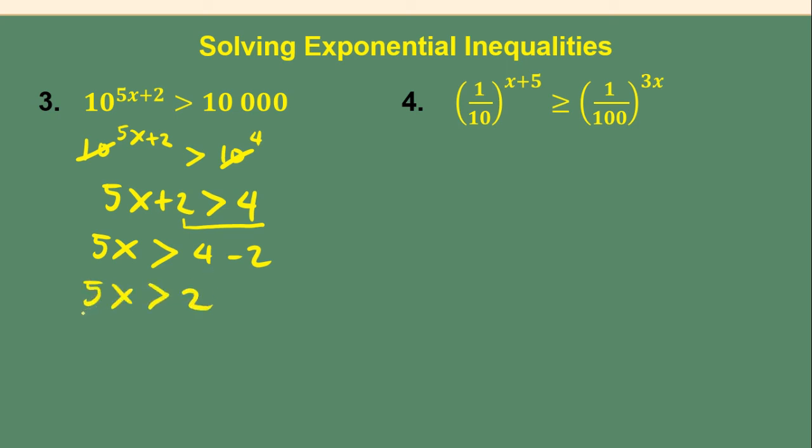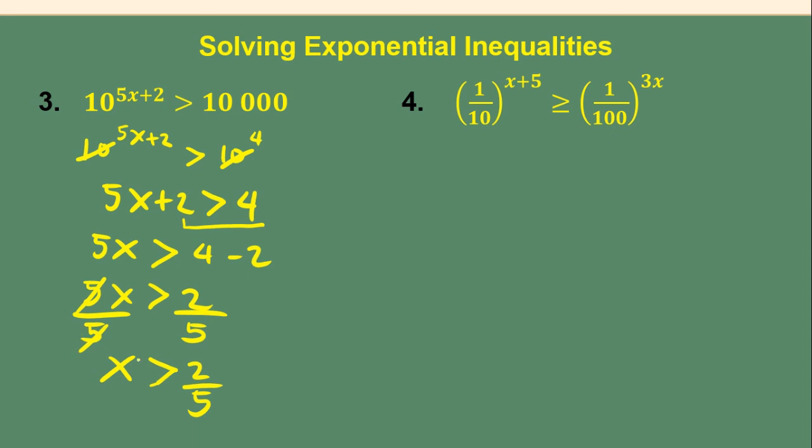And then remove 5 from x by dividing both sides by 5. So this is cancelled out, and we have x greater than 2 over 5. As you can observe, we just retain our inequality symbol because we divided both sides by a positive number.